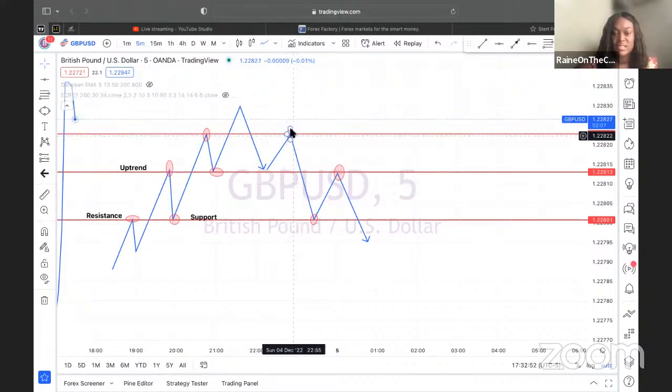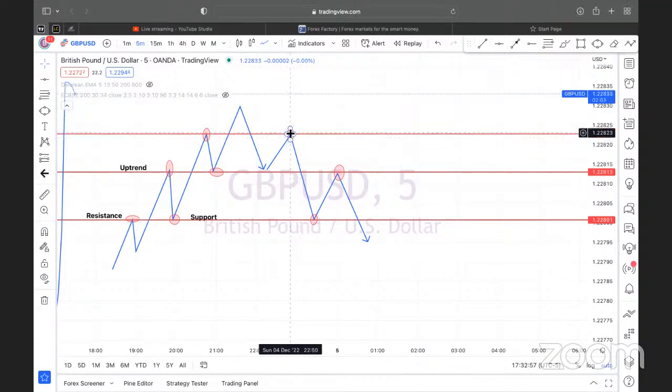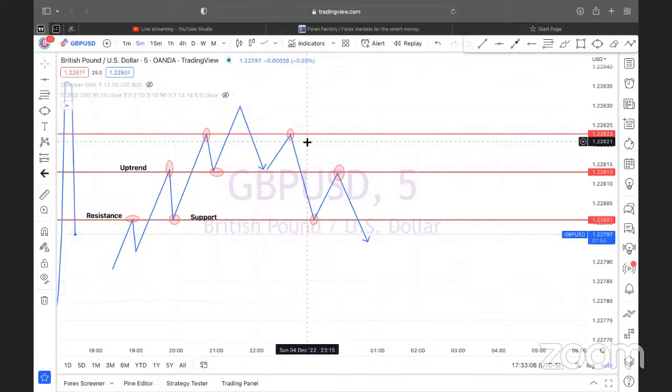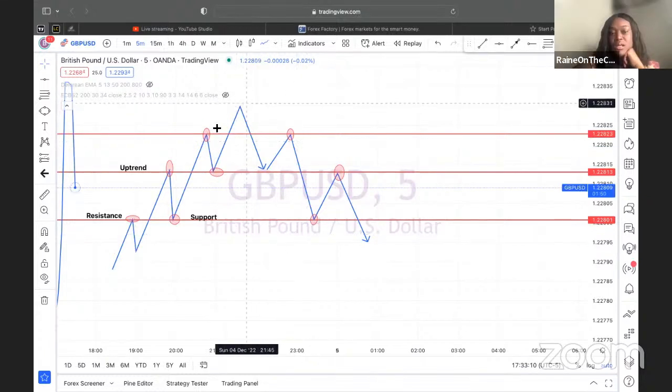Not the line, just the circle. Well, resistance, that would be, well, that's the roof. That's resistance there, and it tested that, but it didn't break structure there. Okay, so this was a higher high.